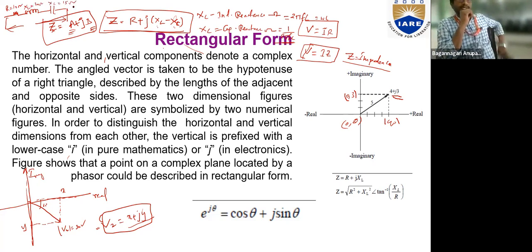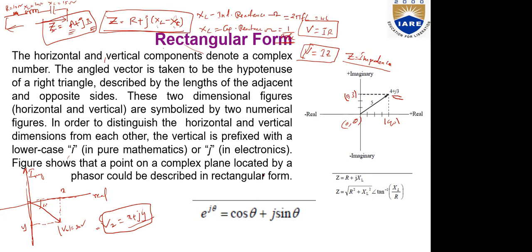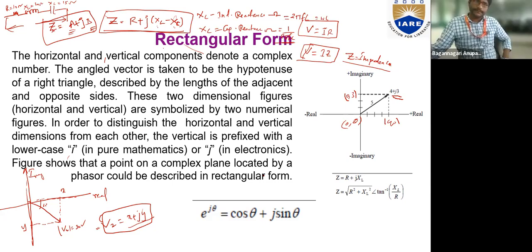Substitute them in the equation for Z. What will be the value of Z if I substitute those values? 10 minus 5j? 10 plus 5j.